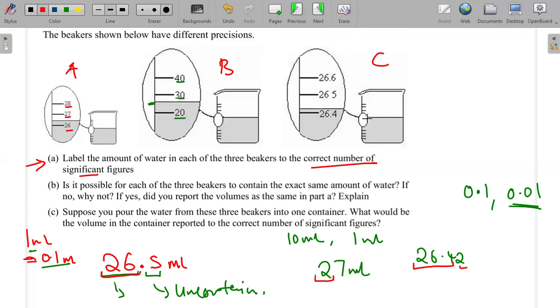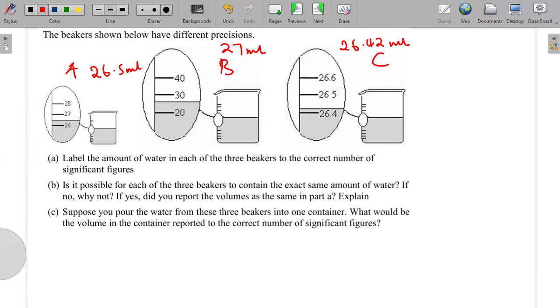So the reading here we've said it's 26.42 milliliters, if the units that they are using is milliliters anyway. This one here, we're going to say 27 milliliters. Then this one here, we're going to say 26.5 milliliters. So we have expressed all of them there to the correct number of significant figures. Okay, so that was the first part.